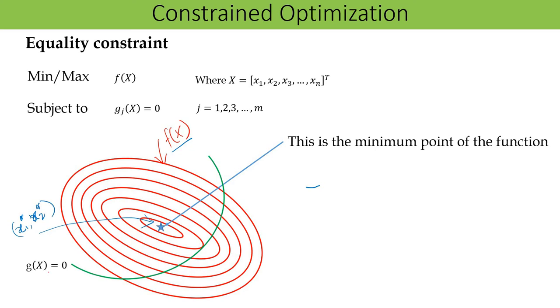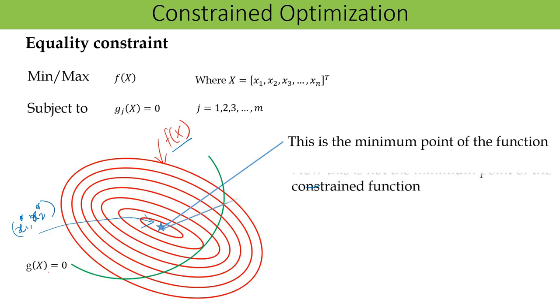Now for the constrained optimization problem, this point must be on this particular line. If it is not on that line, then the solution is not a feasible solution. So the earlier solution, x1 star and x2 star, which was the optimal point for the unconstrained optimization problem, is now not a feasible solution because it does not satisfy the constraint.